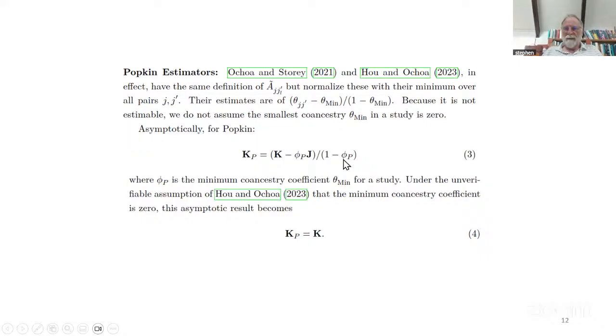Phi P is the minimum, and it's possible to set it to 0, but there's no evidence that this is a good idea. So I'm going to focus on equation 3, and you'll see the form of this basically involves a scaling and a subtraction of a multiple of a matrix that's just made up of ones. So it basically is shifting the mean, or almost shifting an origin.